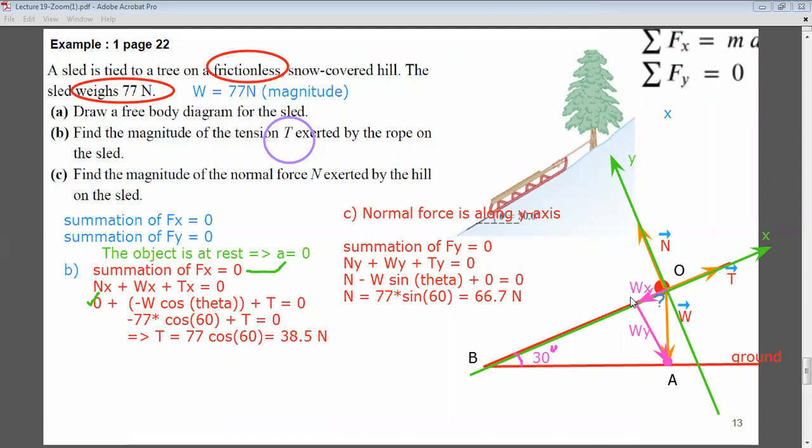Wx is adjacent to the 60, so Wx is W cosine theta. Wy is opposite to 60, so Wy is W sine theta, where theta is 60 in this case.